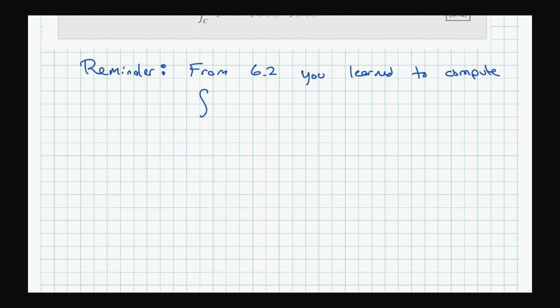So, reminder from the previous section, 6.2. You learned to compute the integral over C of F dot dr, right?